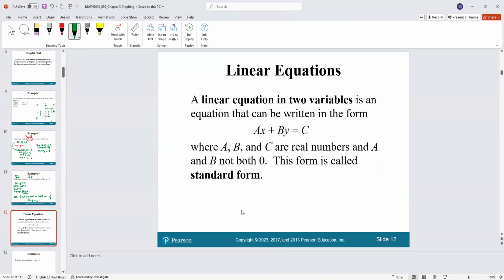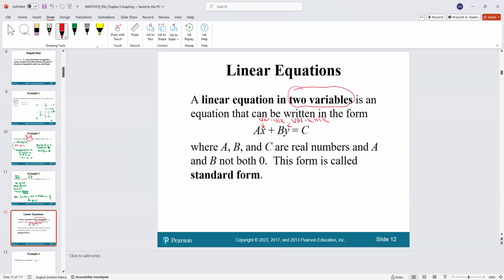A linear equation in two variables is an equation that can be written in the form ax plus by equals c. Remember, we said two variables: variable 1, that's the first variable, and variable 2. That's why we say two variables, x and y.